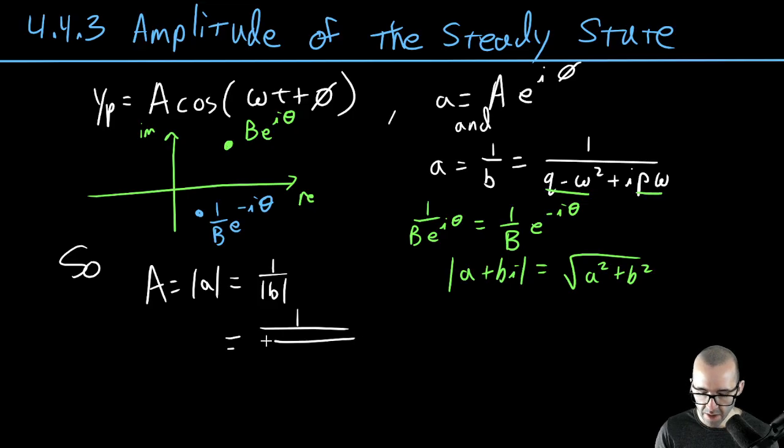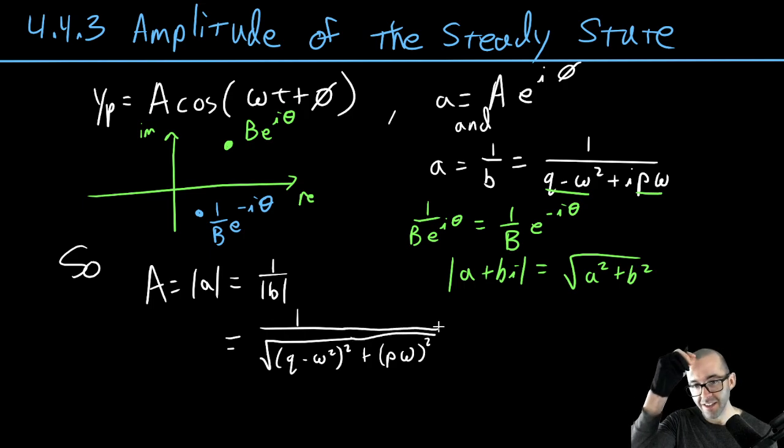So we're going to have the square root of the real part squared, that's q minus omega squared, squared, plus the imaginary part squared, which is going to be p omega squared. This is the amplitude of our steady state, which doesn't look great, but let's explore this.